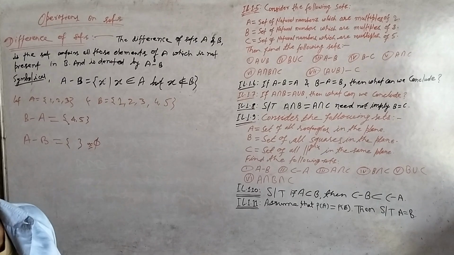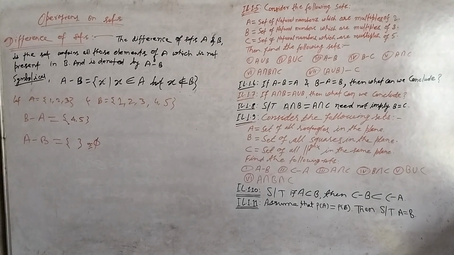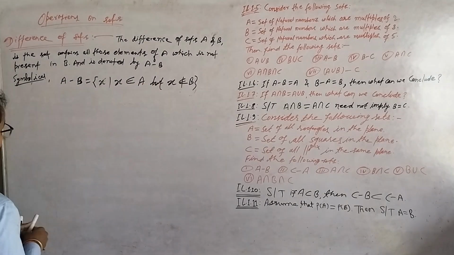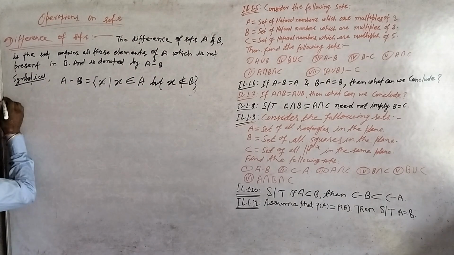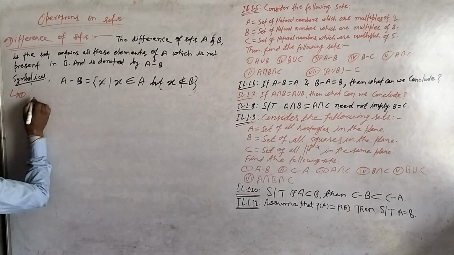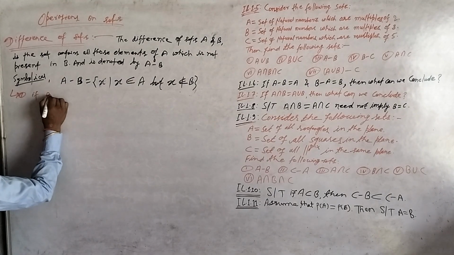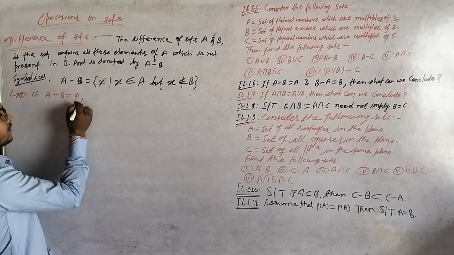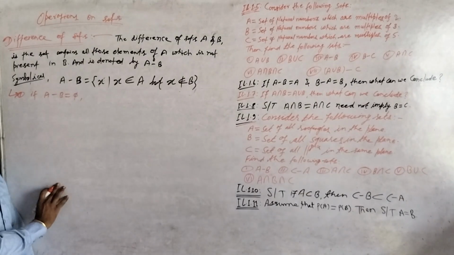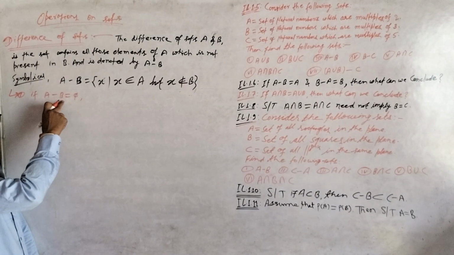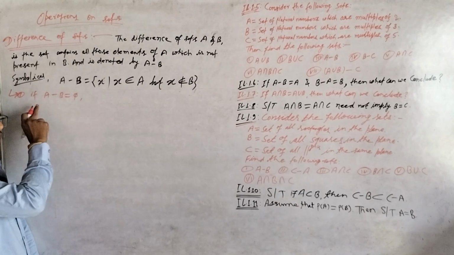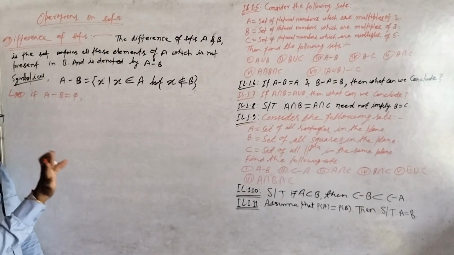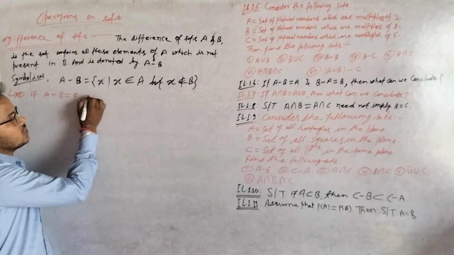Properties of difference of sets. So here we write the properties of difference of sets. First property is, if A minus B equal to phi, then what do we say? This means no elements of set A are present in set B. मतलब कोई भी A का एलिमेंट सेट B में प्रेजेंट नहीं है.